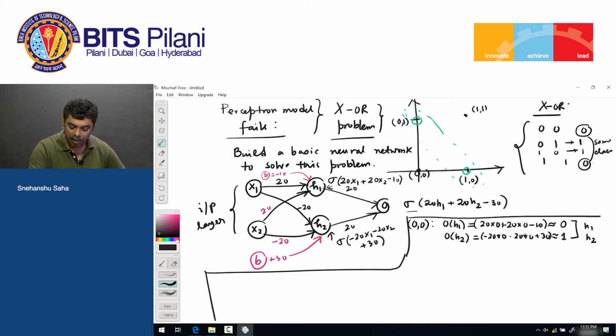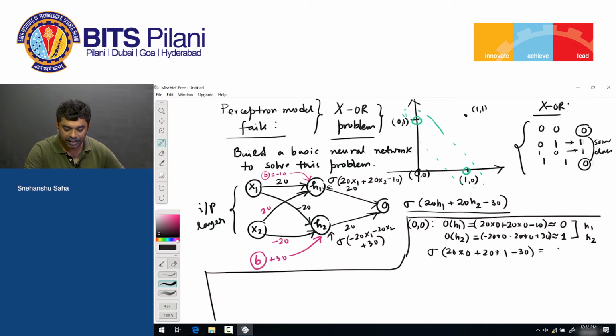Now, what is the function? What is the value that the function generates at the output layer? The function generates this, correct? So what you do is you compute this now. You know that your H1 is 0 and H2 is 1, correct? So this is 20 times 0 plus 20 times 1 minus 30.